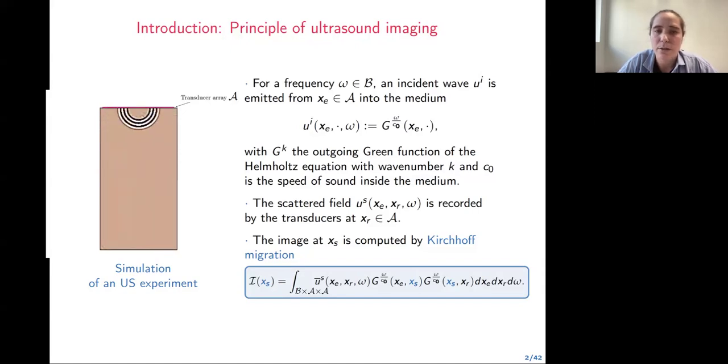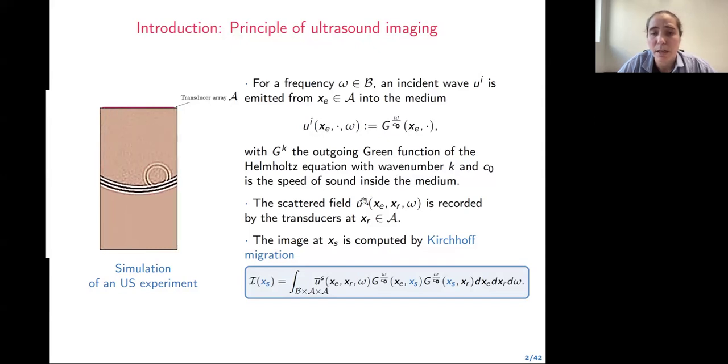If we write this in the time harmonic regime, for frequency omega in our bandwidth B, we have incident spherical waves UI emitted from XE, a transducer on the array. You can express UI as just the outgoing Green function G of the Helmholtz equation with wave number k, where k is omega over c naught, and c naught is the effective speed of sound in the medium.